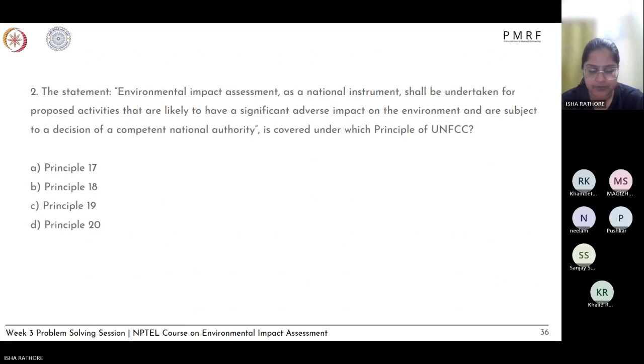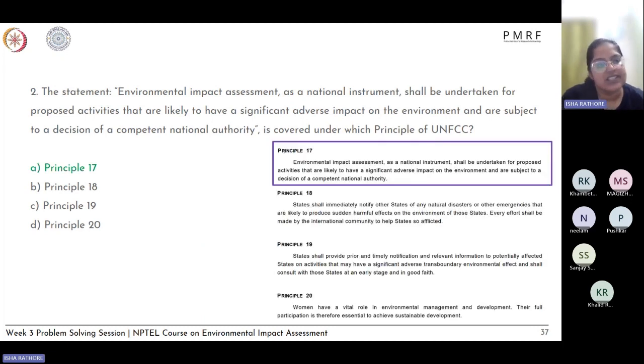Okay. I think this is a slightly more detailed question, I would say. So, Principle 17 is the United Nations Framework for Climate Change, UNFCCC.